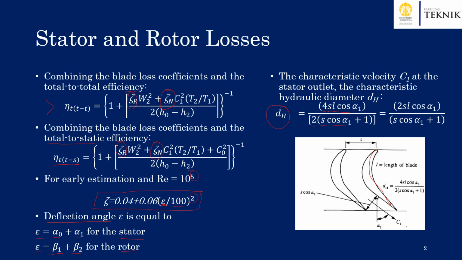We can simplify this as 2 times S and L multiplied by cos alpha 1, divided by S cos alpha 1 plus 1. Geometrically, S cos alpha 1 represents the distance between this plate here.